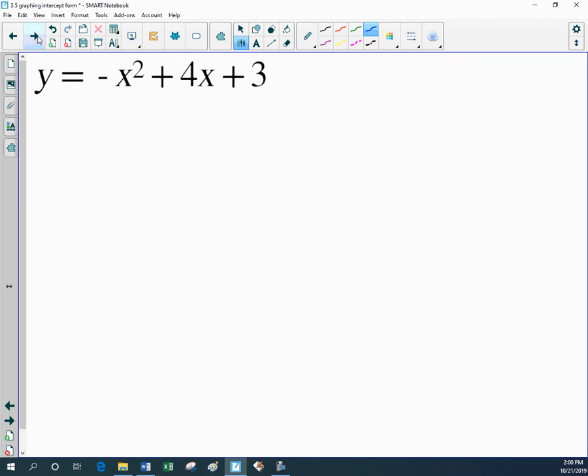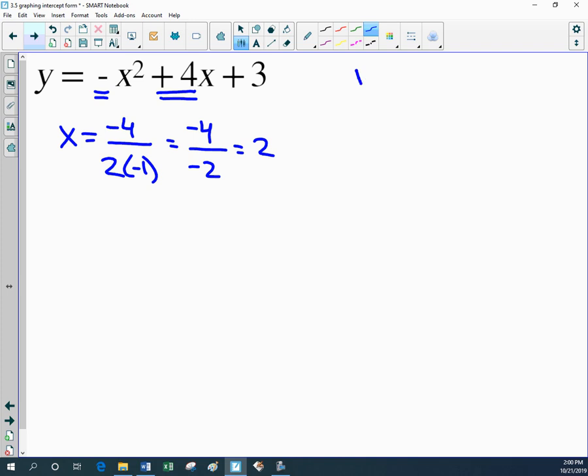Okay, let's take a look at this next one. So step one, find x. So opposite of b, so negative 4, divided by 2 times a. So 2 times negative 1. So I have negative 4 divided by negative 2, which is a positive 2. Okay, so again, here's what that tells us.